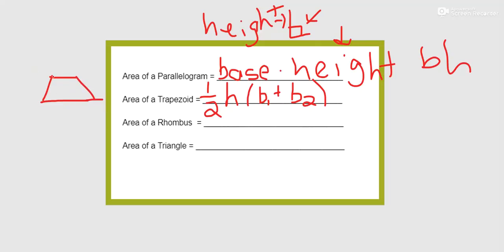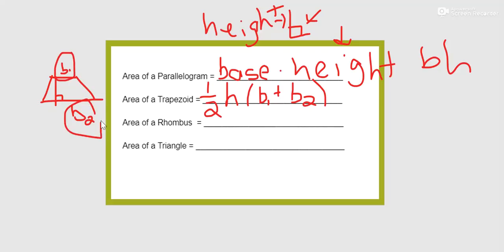So with our trapezoid, it would have our height, which is right here, height, and then we'd have our bases. So base 1 and base 2. So all this is saying is you're taking 1/2 of our height times our base 1 plus our second base.